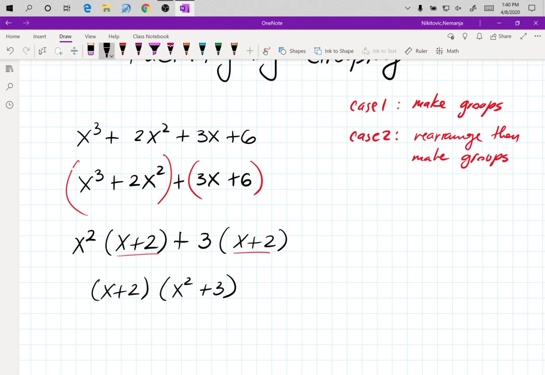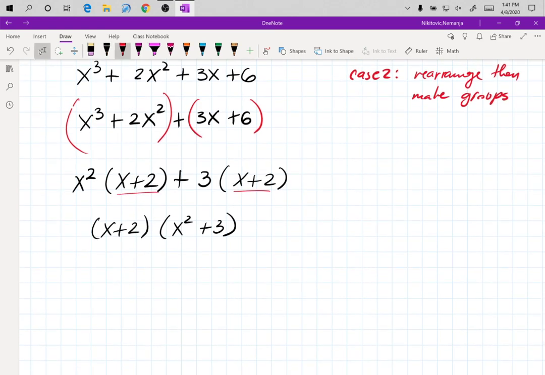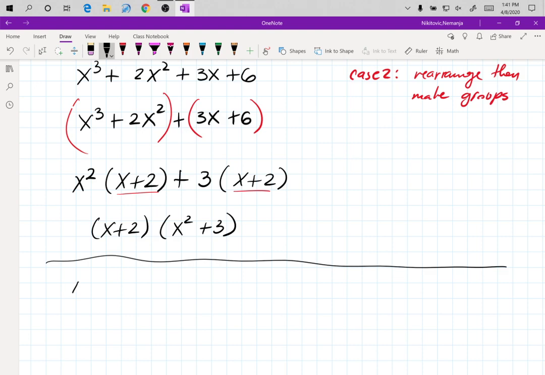Right? Let's see more of these problems. 4y cubed plus 10y squared plus 2y plus 5.